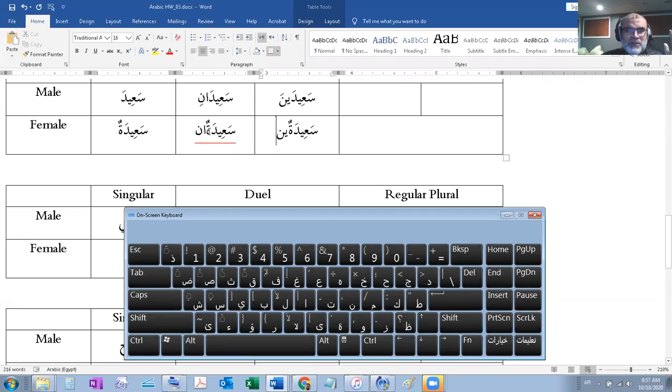Whenever you attach something to the ta marbuta, it converts into an open ta. I don't want to see anybody making this mistake again. So you convert this into a regular ta. Sa'idatani. Oh, we already did that. Sa'idatani.